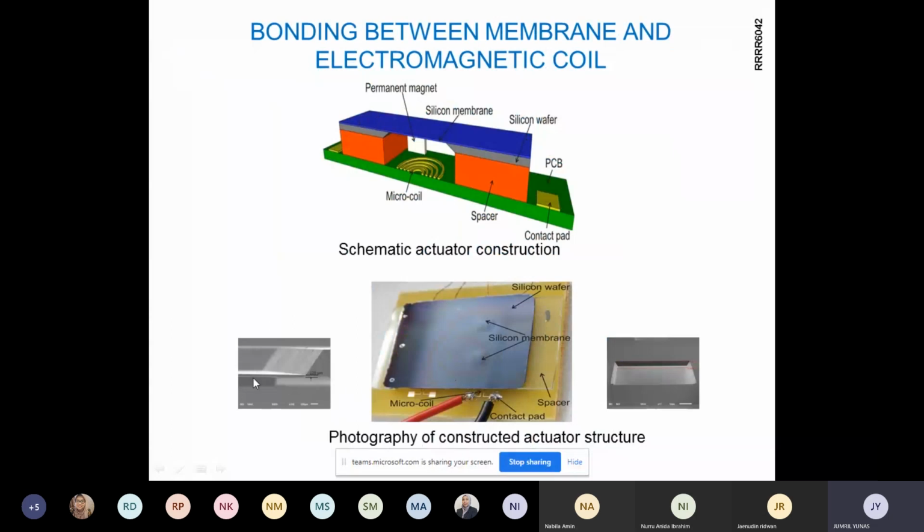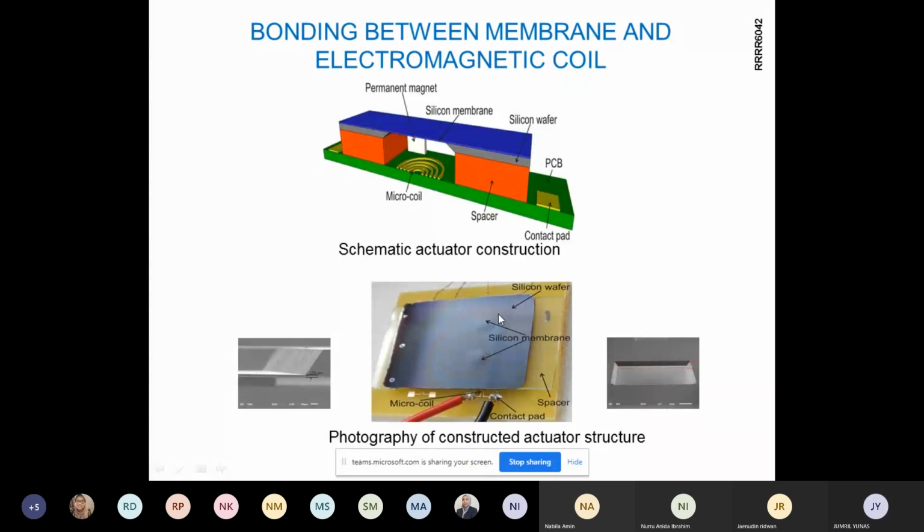Here we have the silicon membrane, having a thickness of about 2 to 10 micron. We can see here also the trench. This material is attached onto the planar coil.